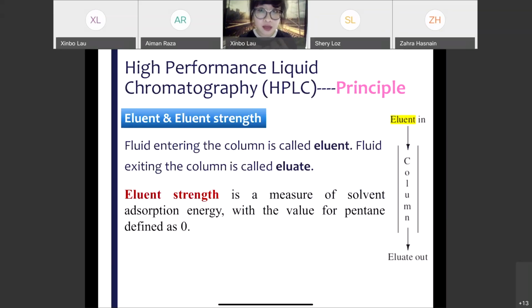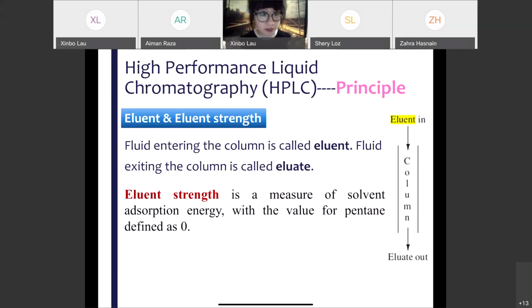We also have a term called eluent and eluent strength. Eluent, I already talked about it. If you can see the image on the PowerPoint, the fluid entering the column is called eluent, and the fluid exiting is called eluate. That's also the mobile phase, the solvent we use. It also has interaction with your stationary phase, and that matters at the end of the day for what kind of separation we can get.